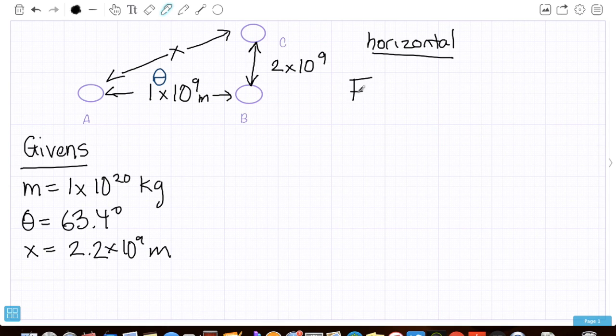I won't put a subscript G, because the only force acting on these objects in this question is gravity. So the force of gravity on A is equal to the force of gravity due to A and B plus the force of gravity due to A and C. And this is all in the x direction, or the horizontal.